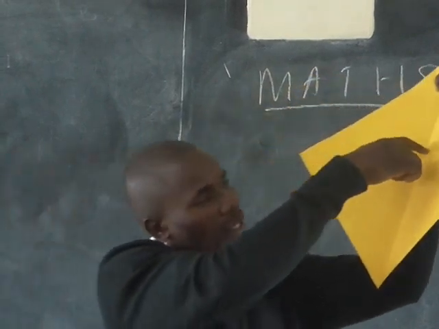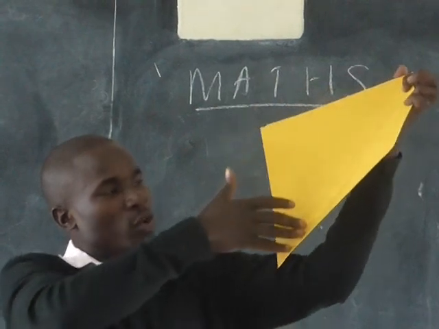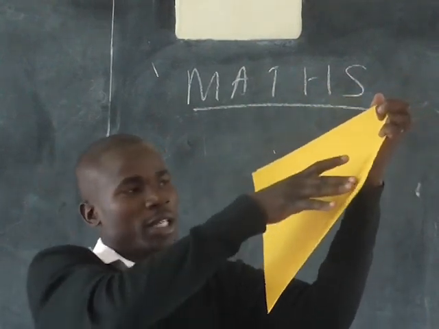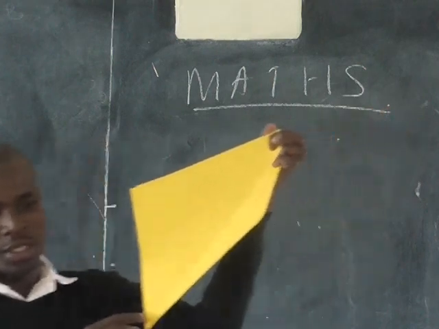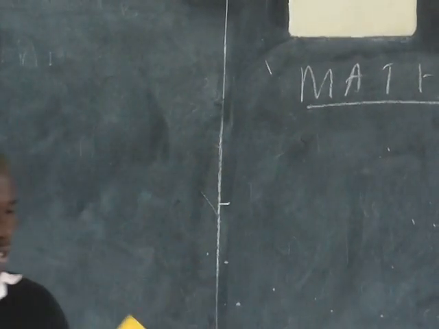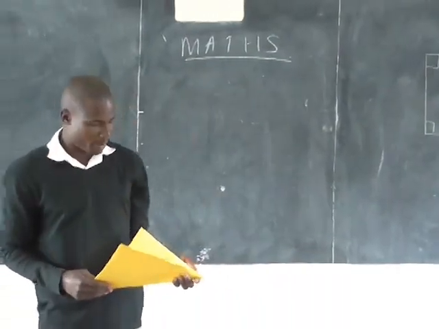But remember, this line here is the line that now divides this square piece of paper into two, in triangle shapes. So, can you have your piece of paper, square piece of paper?